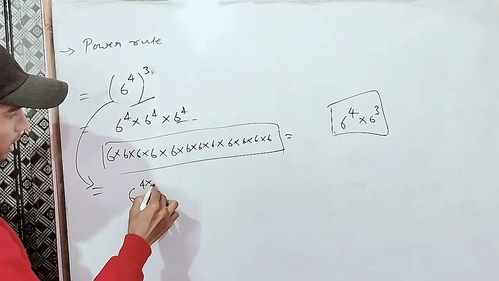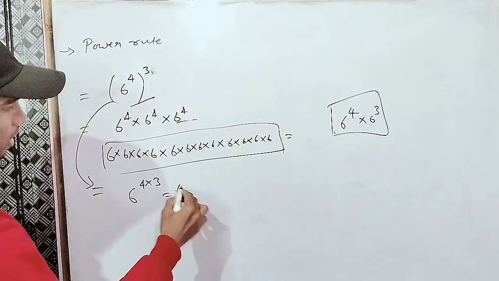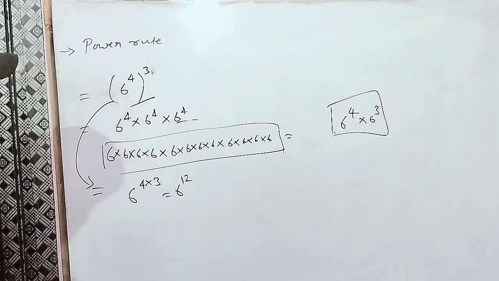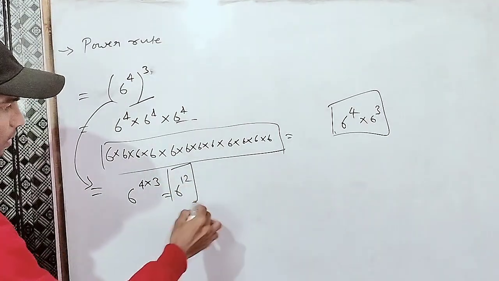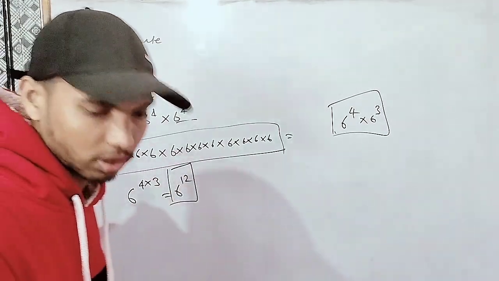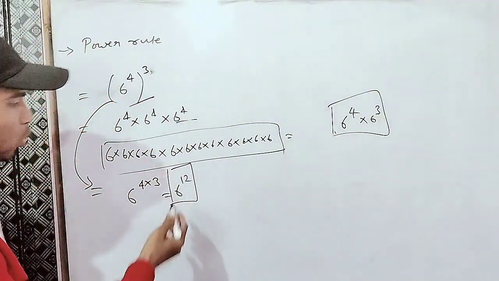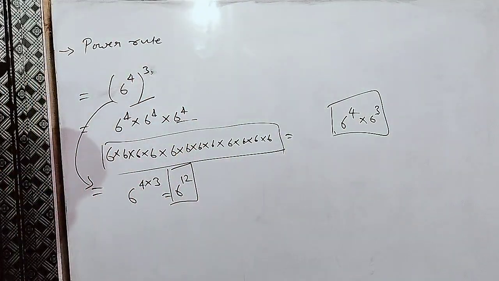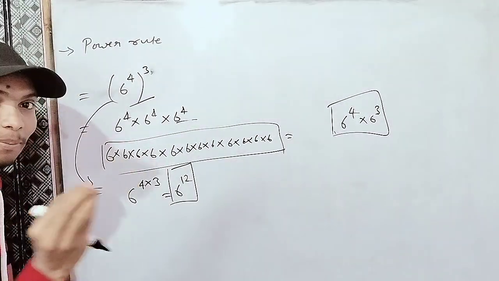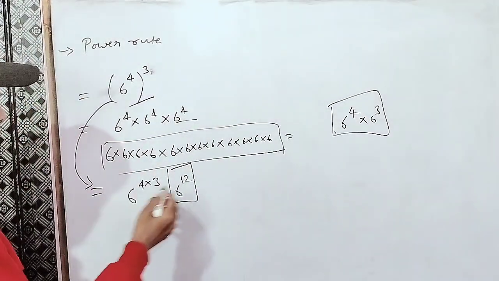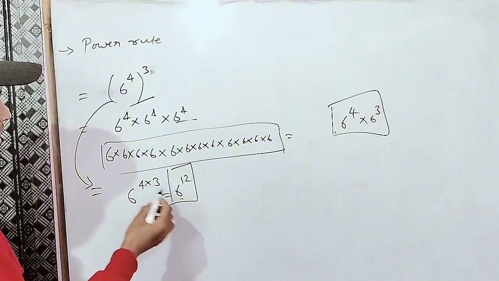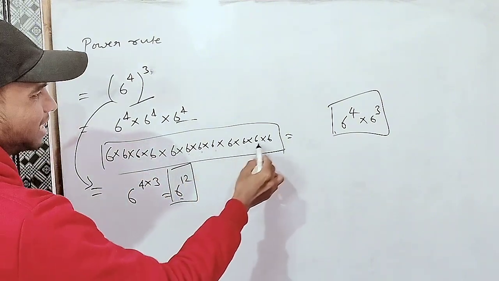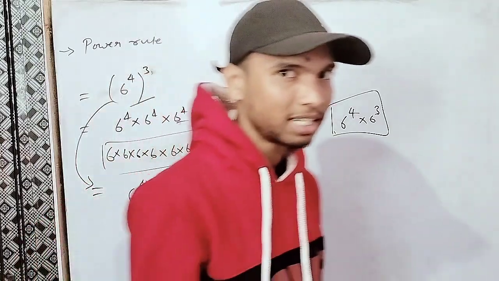So can we write it like that? Yeah. So how much do we have? 12. For more clarification, we have 6 raised to the power 12. So 6 will be written how many times? 12 times. Here you can see it makes sense, where we have a base of 6. So how many times? 12. 1, 2, 3, 4, 5, 6, 7, 8, 9, 10, 11, 12. Does it make sense? Yes.